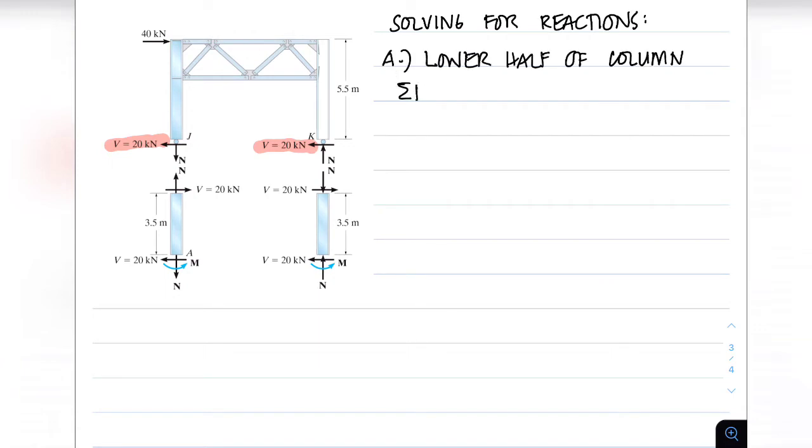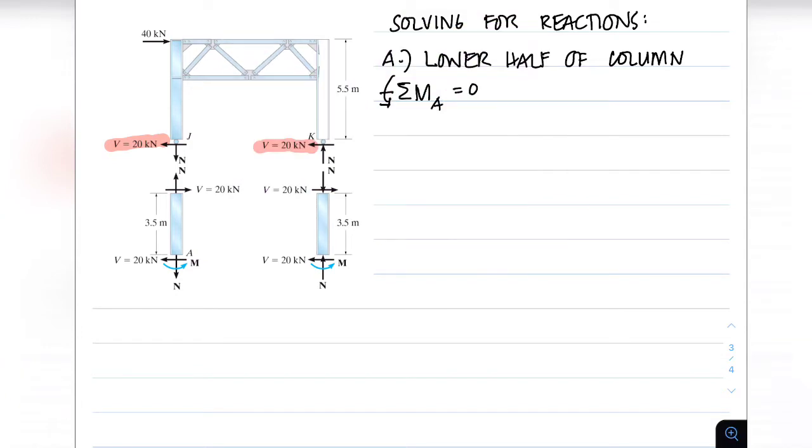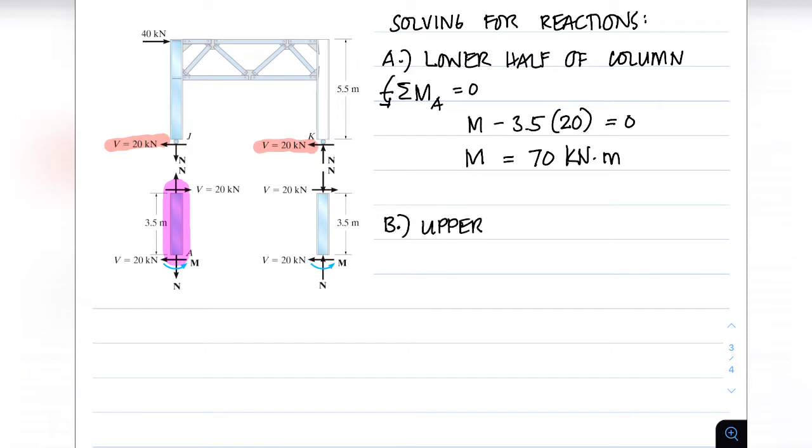For the lower half of the column, we take moment at A. So we will have M minus 3.5 times 20 equal to 0, giving us the value of M equal to 70 kilonewton-meters.